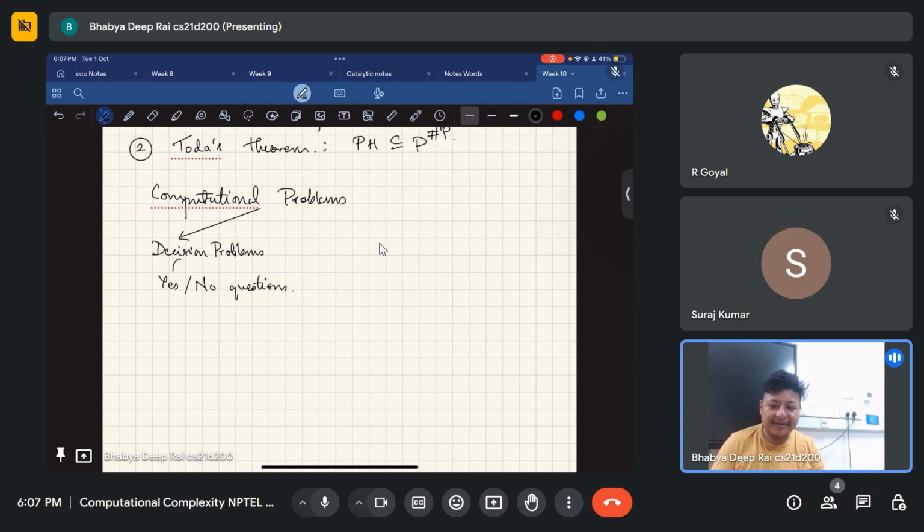For example, is this circuit satisfiable? Is there a path between vertices S and T, and so on? Does the graph have a perfect matching and so on? All these problems that we saw until now are decision problems. And the other kind of problem is what is called a search problem.